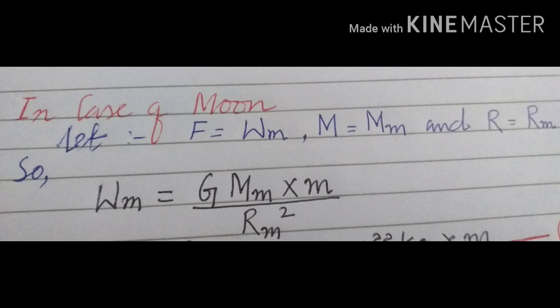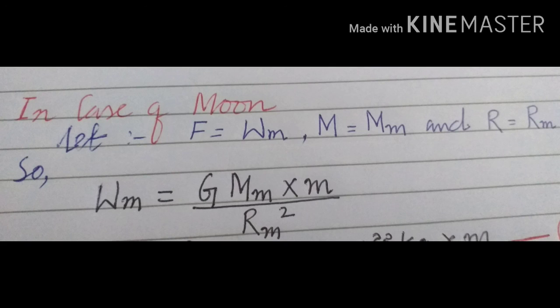Now in place of capital M we can write capital M with a subscript small m, that is the mass of the moon. And the R we can write as R subscript m, that is the radius of the moon. Clear? So we can put these values in the universal law of gravitation.